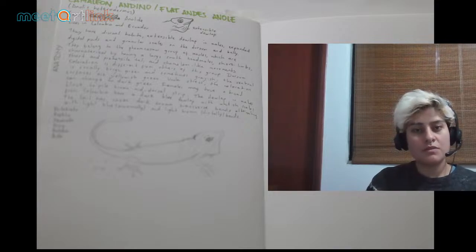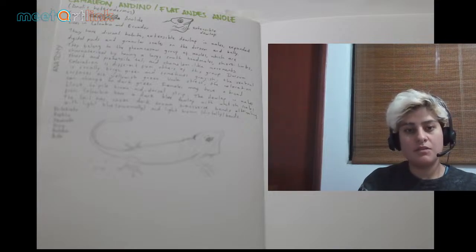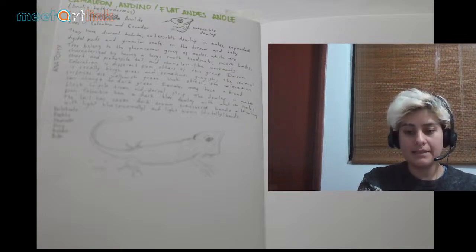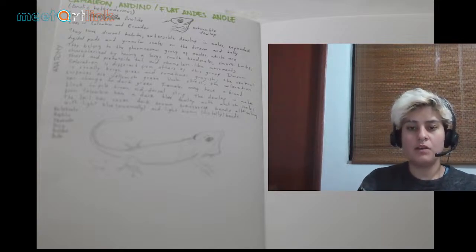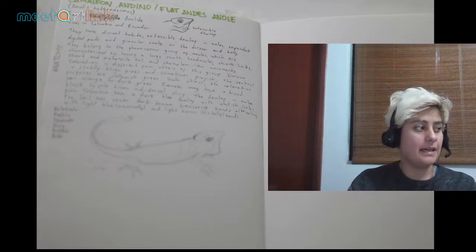I was doing some research. This is a species that you find both in Colombia and in Ecuador, and is a species that lives in very high altitudes. So it's not that common to find other species of lizards like this, and that's what makes it so special.